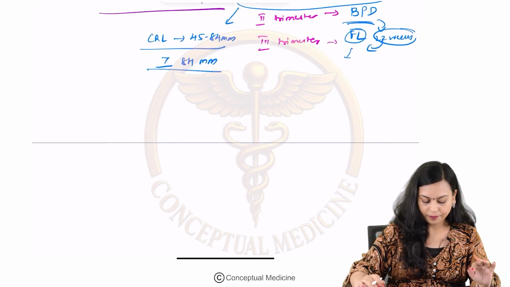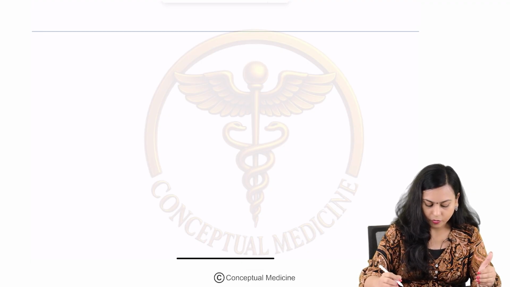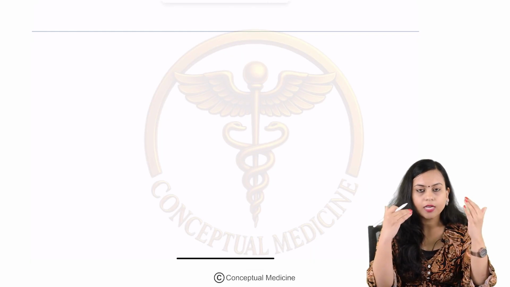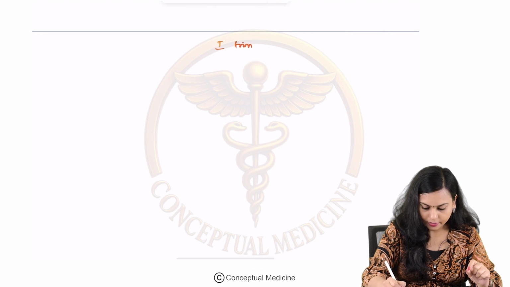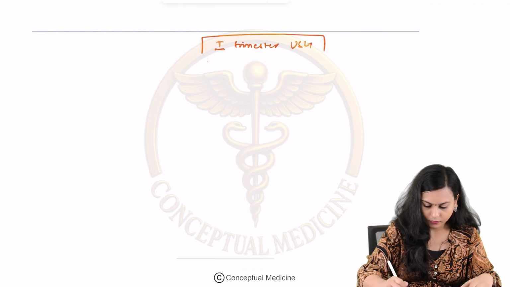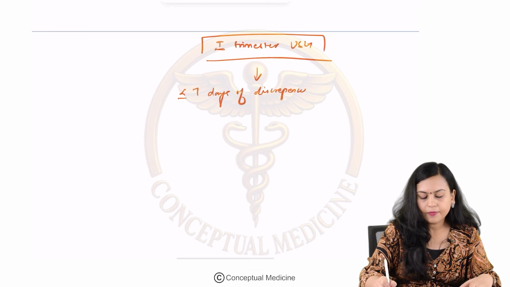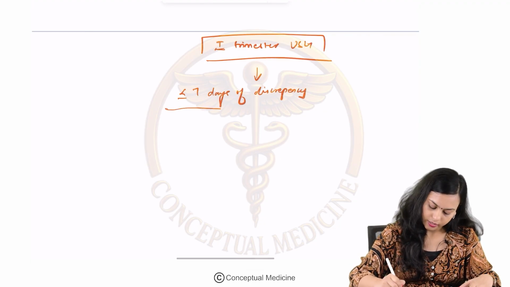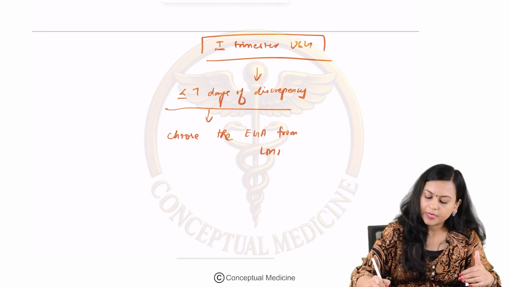Clear? Okay. And also remember, suppose there is a discrepancy. Once you calculate the gestational age, it should be compared with the standardized values. So, suppose you have calculated your gestational age in a first trimester ultrasound, and there is less than or equal to 7 days of discrepancy between your LMP and your calculated gestational age, then you can choose the estimated gestational age from the LMP itself.